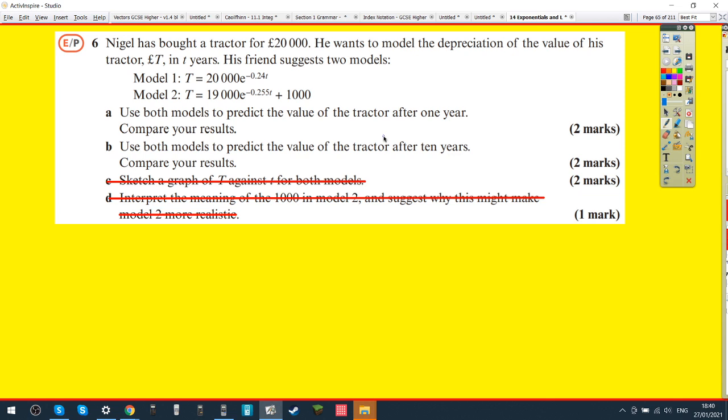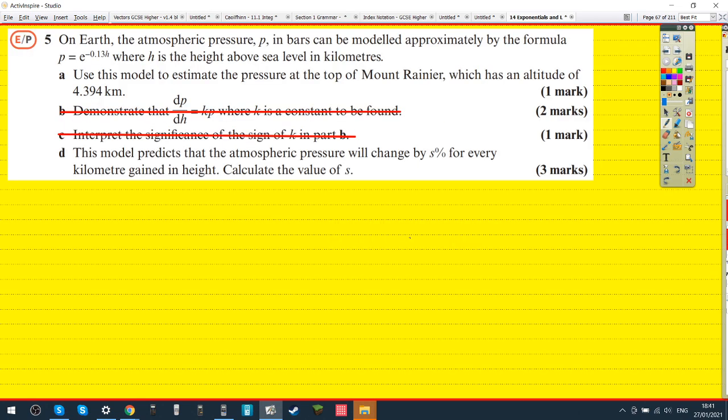How would you do part A? T becomes 1 in both. Yep. And then you would just compare them. And then part B, t becomes 10 in both of them. And you compare them. So okay. It's all right. Okay. How would you do part A for this one?